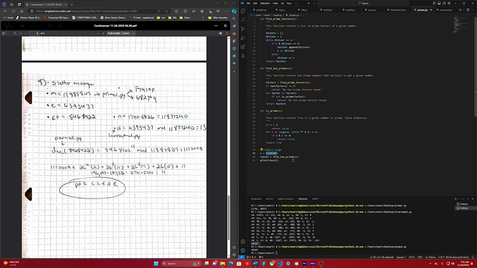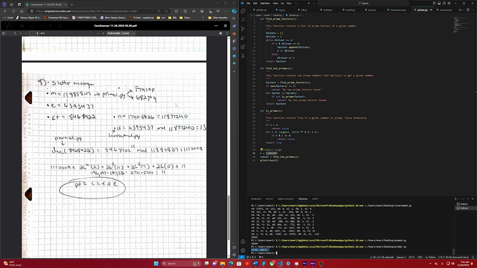It'll return false if there's no 2 relatively prime numbers that will multiply to each other. In this case, there is, obviously, because they want you to figure out what it is. So I got 1,741 and 6,827. So those are my P and Q values.